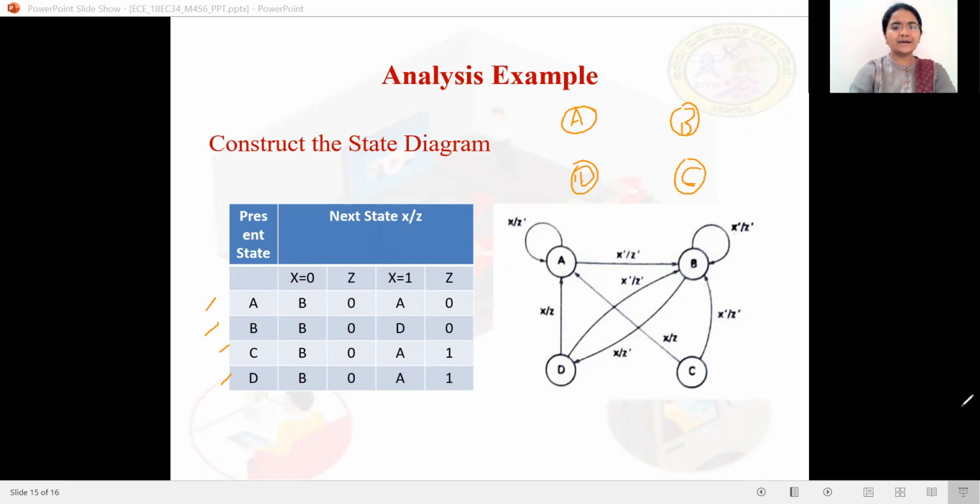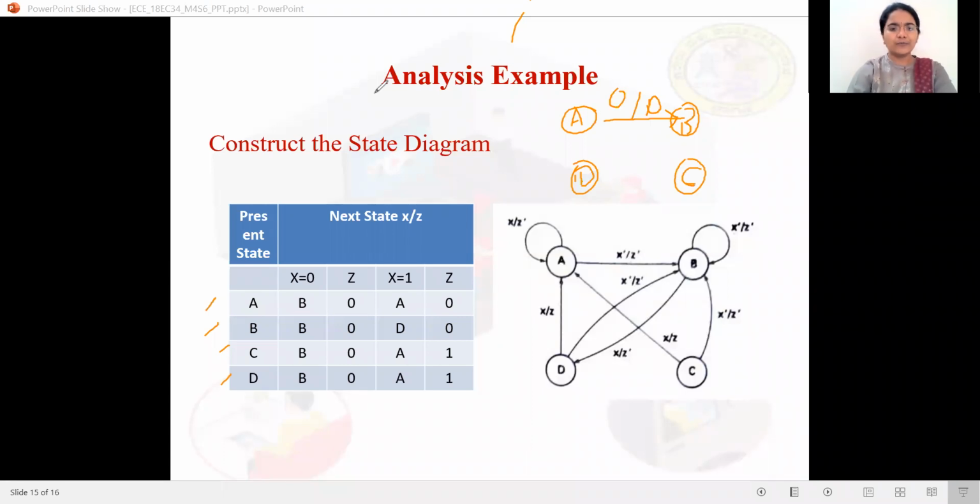When x is equal to 0 and it is in present state A, it goes to state B, and the output is 0.